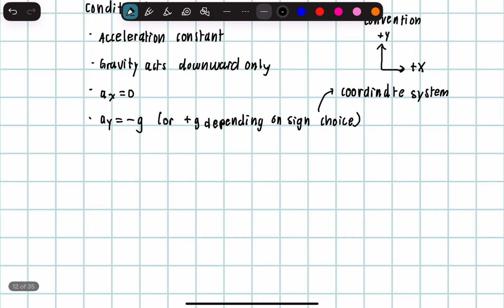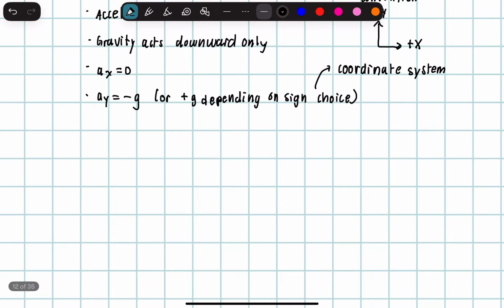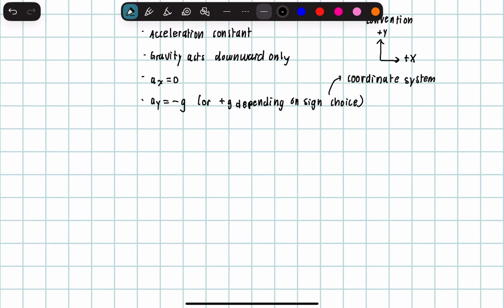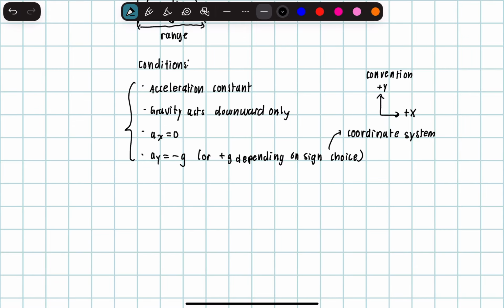But if you define your coordinate system to be different than this, then whichever direction is in the direction of your gravity will be the sign of your gravity, of course. So these conditions are why kinematics apply.